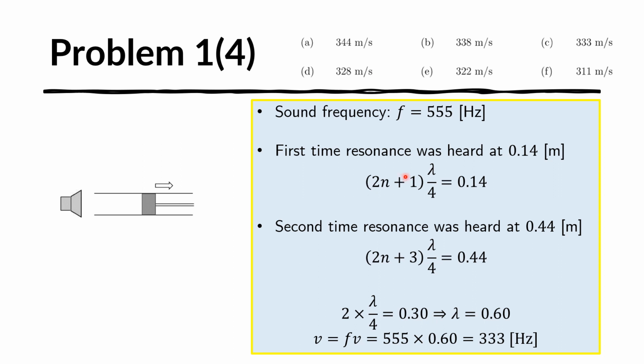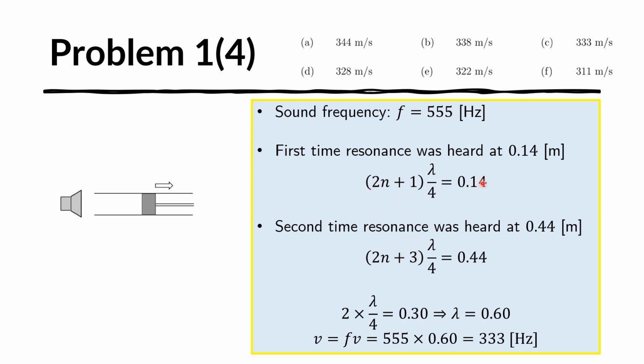And the second time, a resonance was also heard, and that happens at this length, the length from the open side to the piston. Again, we know that this length must be 1/4 the wavelength of the sound times an odd number. And this time, this odd number should be the odd number right after the previous odd number. And that's how we write it.